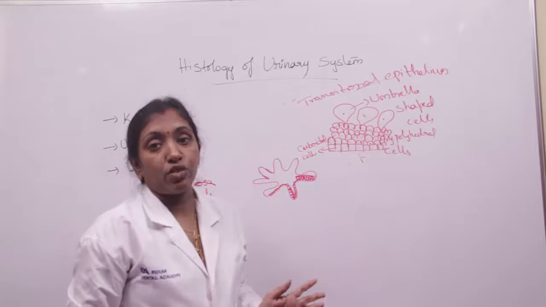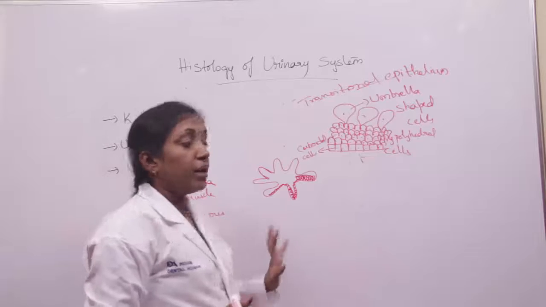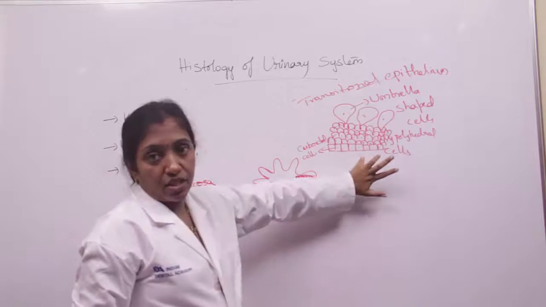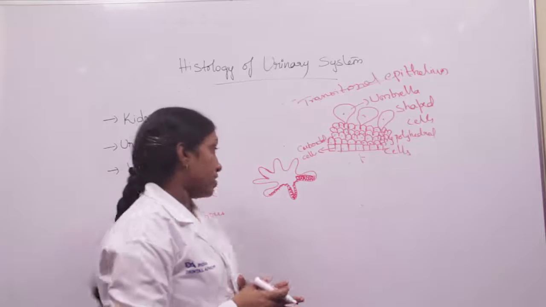They help in the expansion of the ureter. The layers of the transitional cells become thin during the expansion of the ureter.